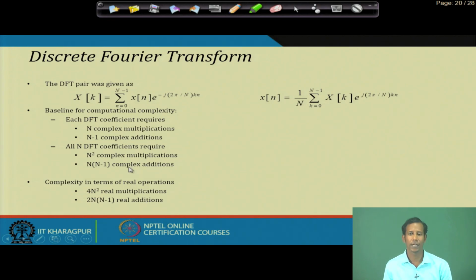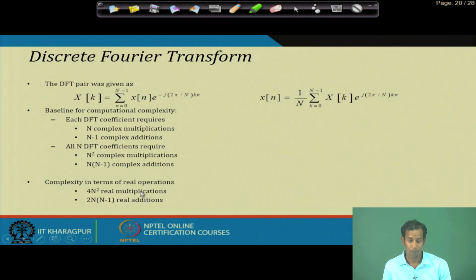What this means is that to design one n point DFT, the hardware requirement is 4 into n square. Let us say I want to design one 8 point FFT. 8 square means 64, into 4, so I need 256 real multiplications, as well as 56 into 2, which means 112 real additions.